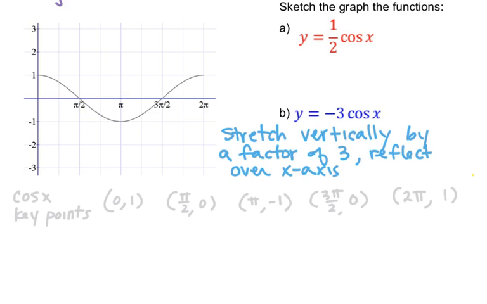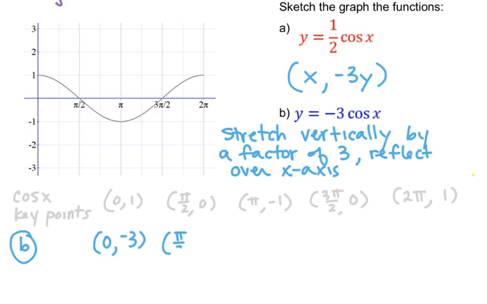What would that do to the ordered pair? Instead of having just (x, y), we have x, and we're going to take all of our y values and multiply them by -3. So my key points here for B, I have (0, 1 times -3 is -3). (Pi over 2, 0 times -3) is still 0.